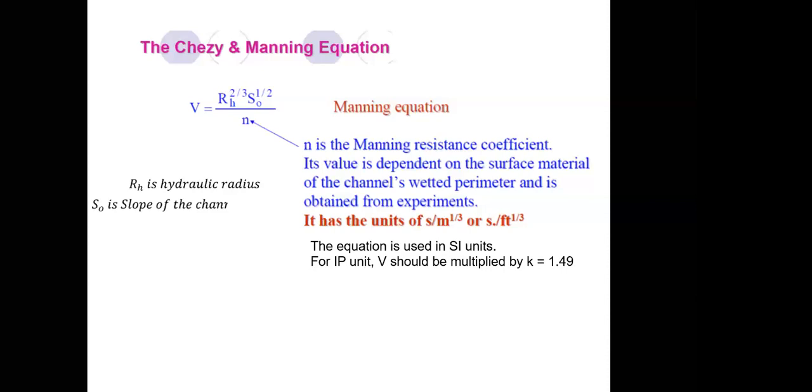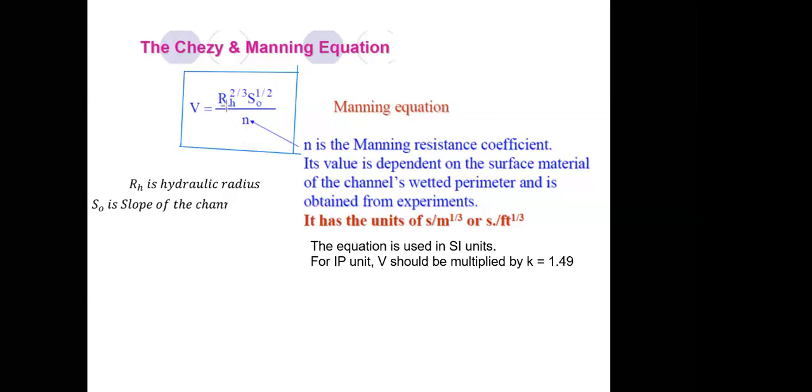It turned out the interaction between the channel walls and the fluid is difficult to predict using viscous theory. So what we come up with are empirical equations that relate the flow characteristics and the velocity itself. So these Chezy and Manning equations give you the information on how to calculate the velocity and the flow characteristics.